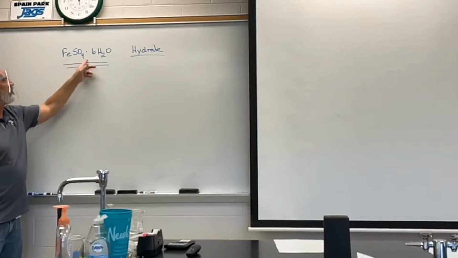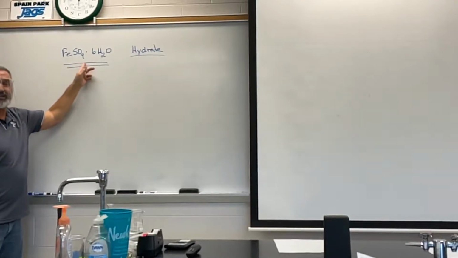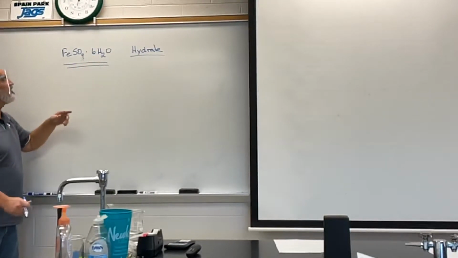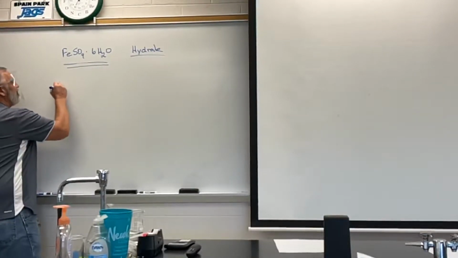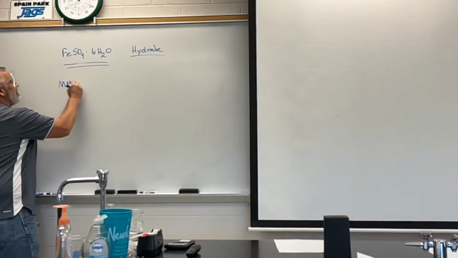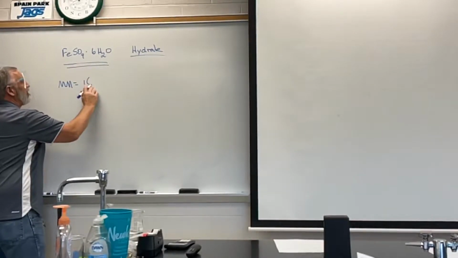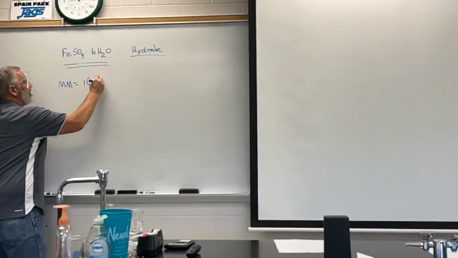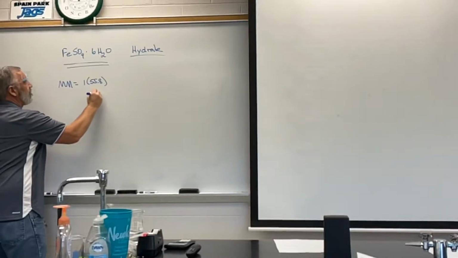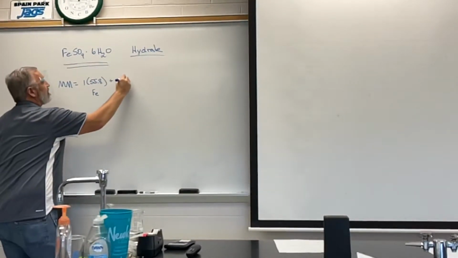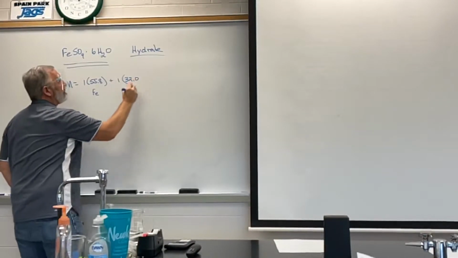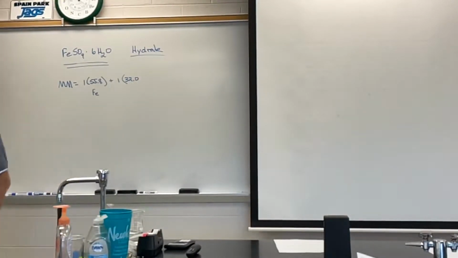Okay? So when you're calculating the molar mass of this thing, the molar mass is going to equal 1 times the Fe, which is 55.8, plus 1 times 32.07, I believe, for sulfur.